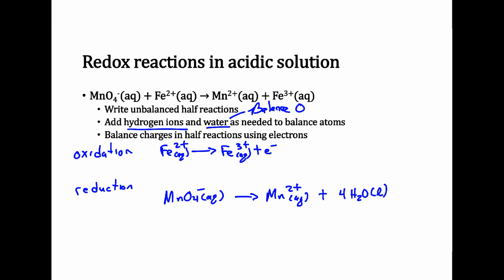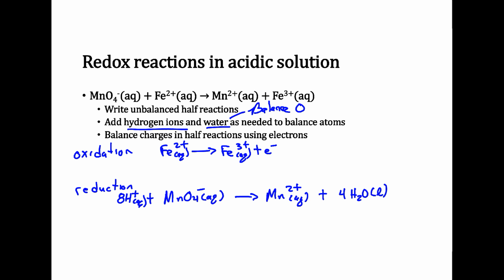Now the oxygens are balanced, but the hydrogens are not, so we will add hydrogen ions to the reactant side, so that's 8 of them, so we have 8 H plus.